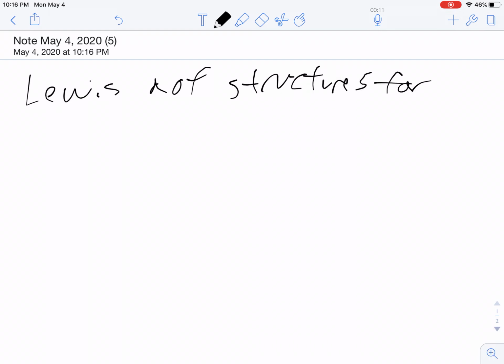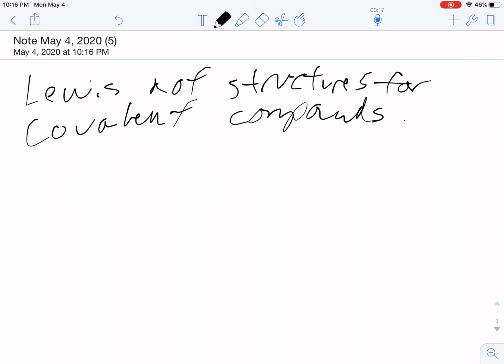So now we come to Lewis dot structures for covalent compounds. Covalent means to share electrons.